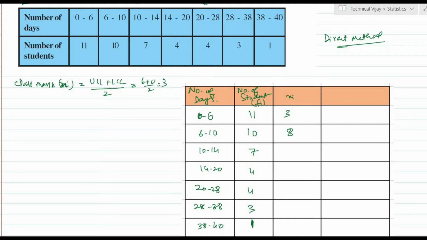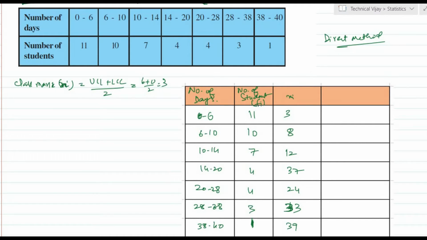Then 10 plus 14, 24 by 2, is 12. Then 14 plus 20, 34 by 2, is 17. Then 20 plus 28, 48 by 2, is 24. Then 66 by 2 is 33, and this is 39.